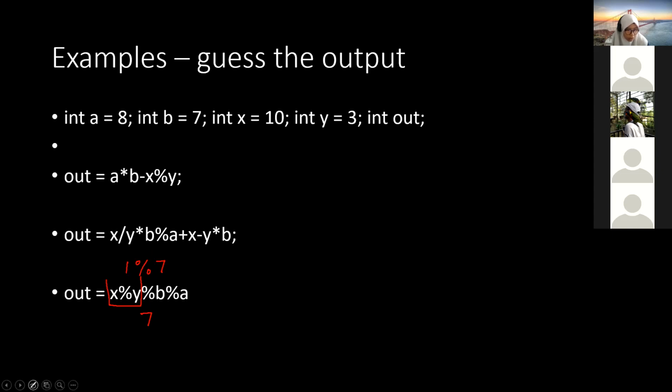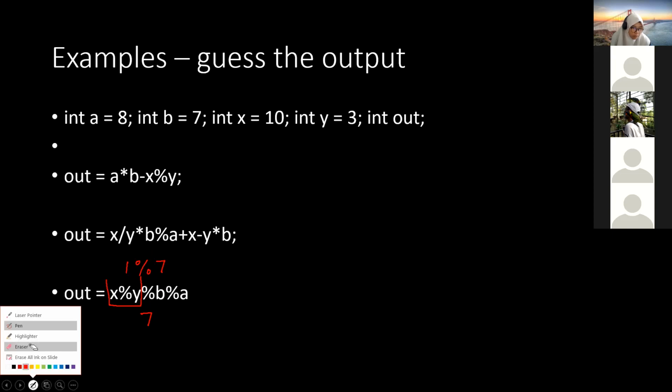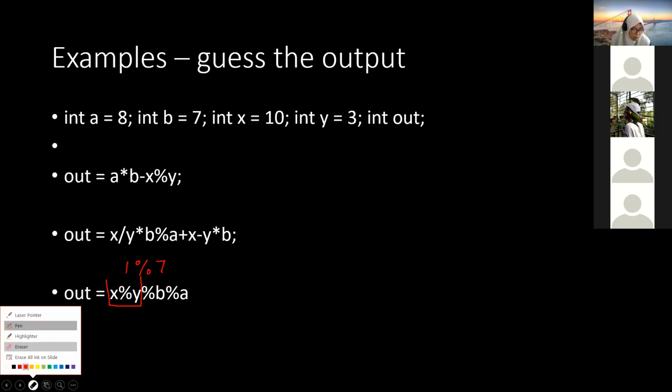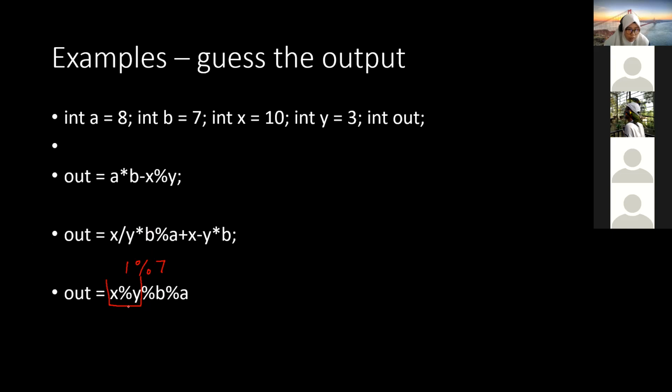Kenapa 7 pula? So that is also 1, because there's no way you can divide this. So 1. B is okay.